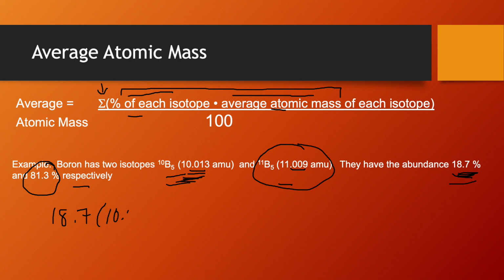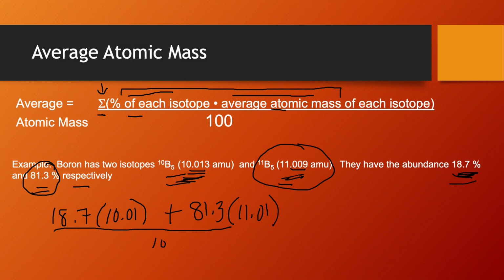So 10.01. We're going to add to that, that's the sum of, we're going to add to that the second isotope, which has a percent of 81.3, times its average atomic mass, which in this case is going to be 11.01. And this is all divided by 100.